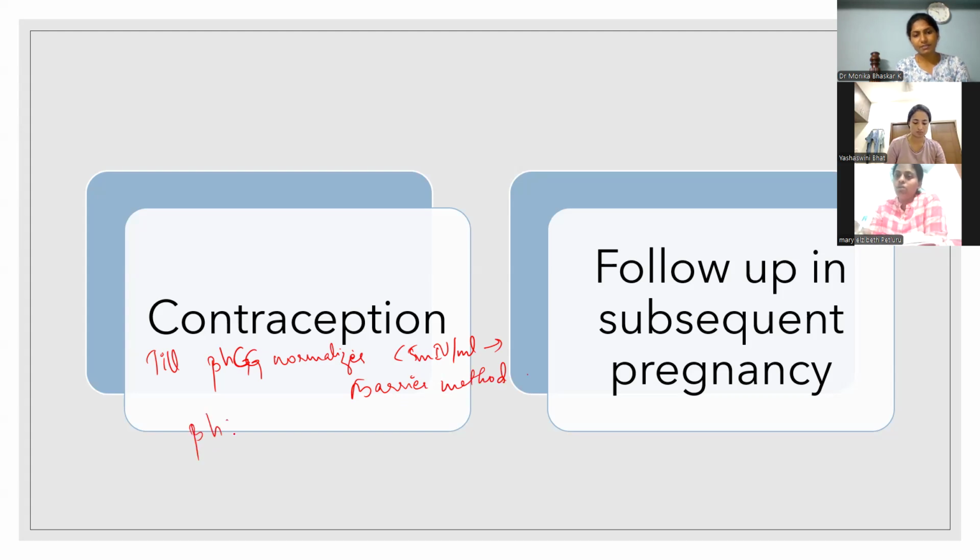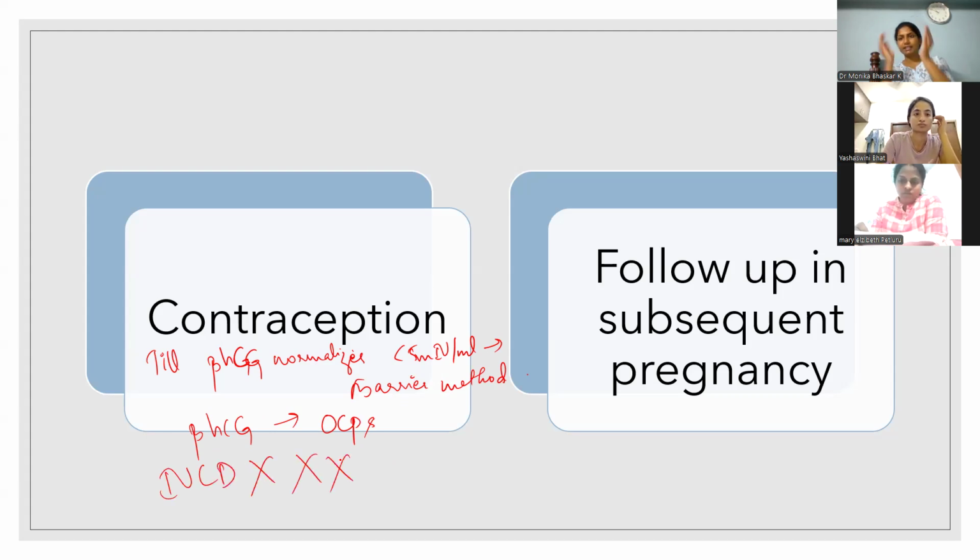After beta HCG is normalized, she can use hormonal contraception like OC pills. And IUCD should not be used because GTD has a higher risk of perforation. That is why we do not advise the mother to go for a copper T or Mirena insertion post evacuation. So post evacuation, you have to ask her to use some method of contraception.